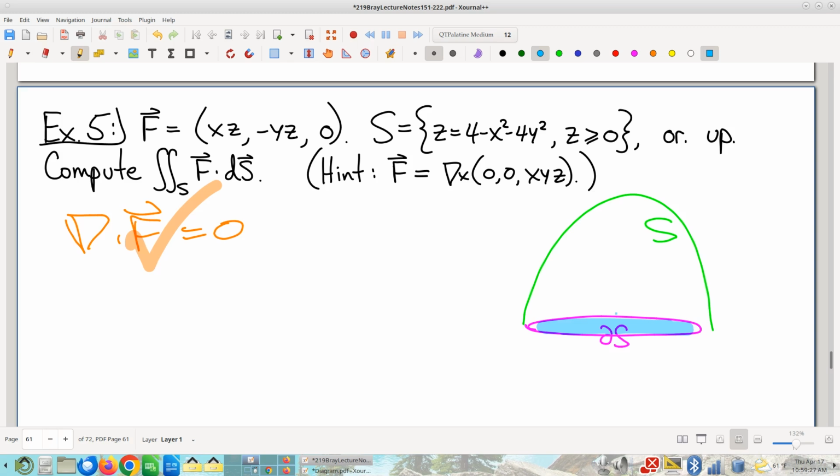We play with orientations if and when they come up. But forget S, let's compute the flux through that blue surface. When I say flux through S, it's the flux through, I'll call it E for ellipse down here. It's still the same vector field F.